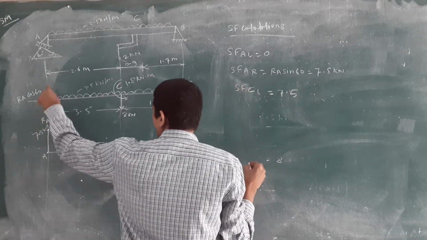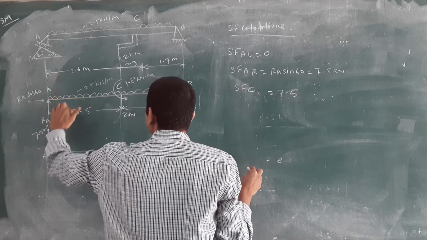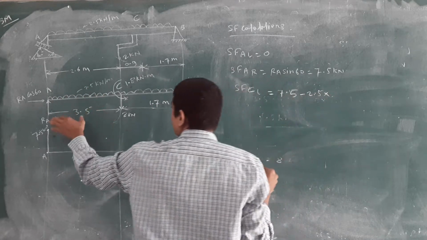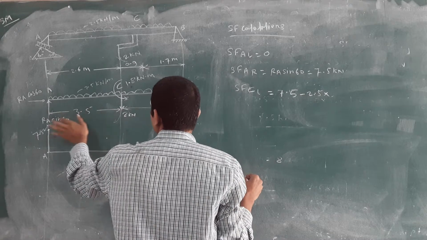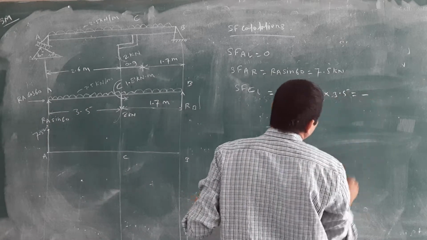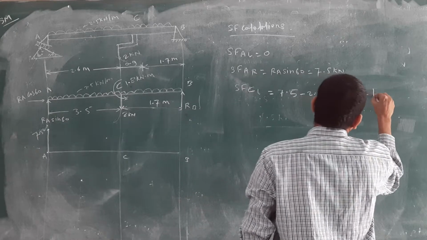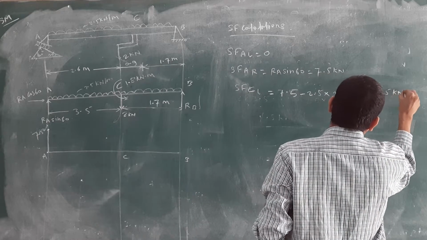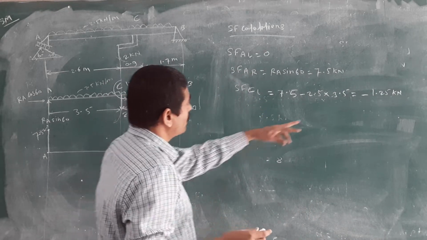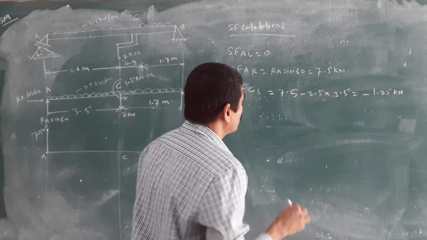Because this is acting upward, and in the downward direction, how much force is there? Minus 2.5 into this distance 3.5 up to the C point. You will get minus 1.25 kilonewton. So the SF at C is minus 1.25 kilonewton.